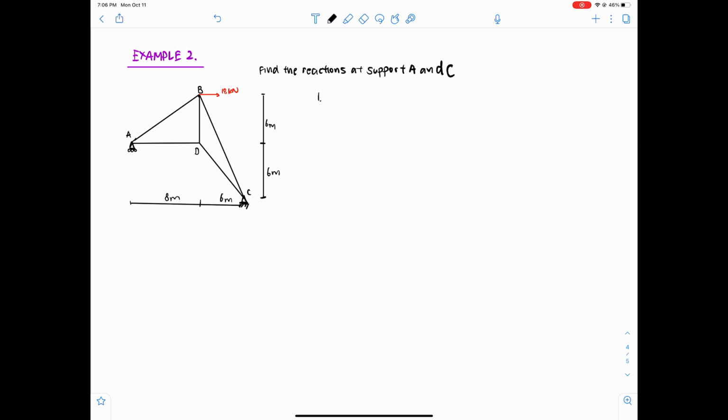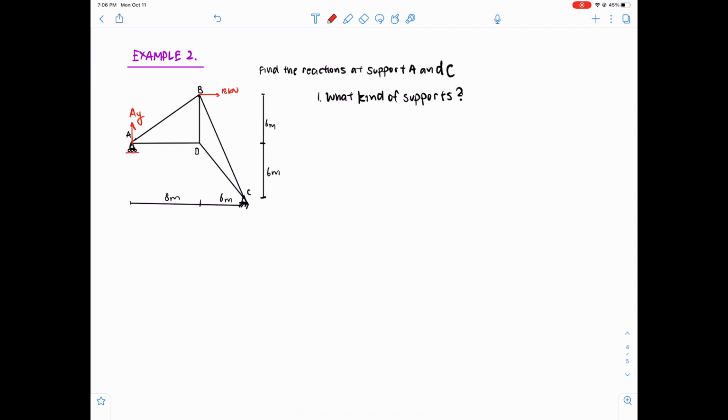First, we have to identify what kind of supports we are looking at, right? So in this case, we have point A, which is a roller support, which means that it is only resisting one force, and that is the vertical direction, okay?